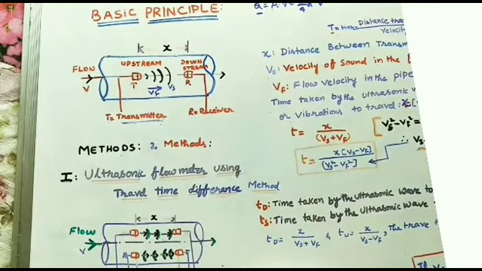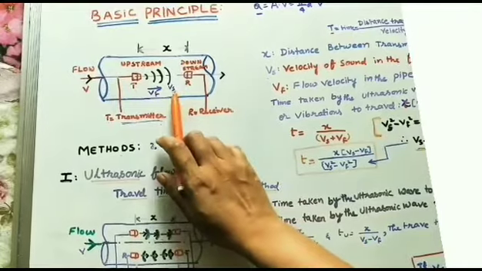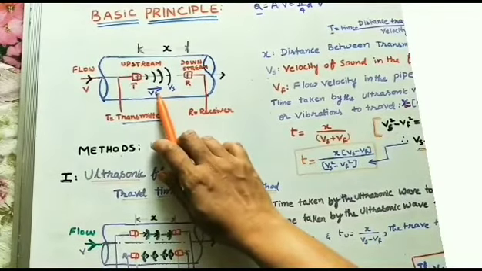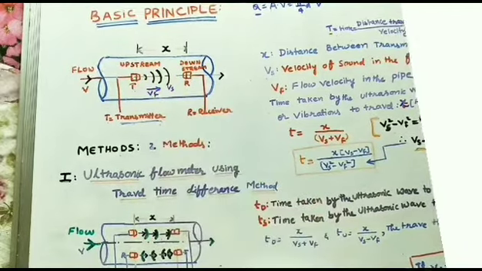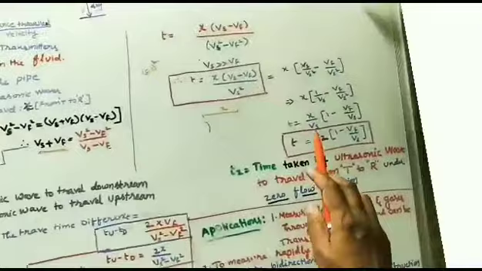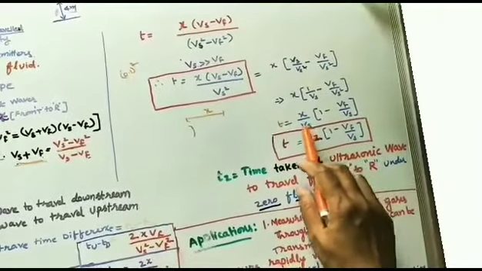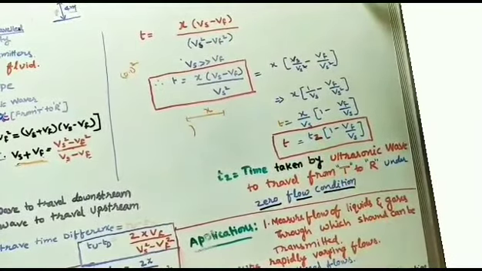The velocity Vf is zero, the flow velocity is zero, so only the sound velocity we are calculating. So time is equal to x by Vs, and it is called tz.